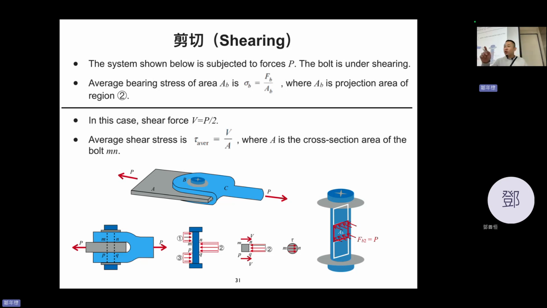So I will tell you, in the textbook, I don't think the author drew a good plot. Okay, this is really a bad idea for the textbook. You see, the textbook said the AB is NMQP.